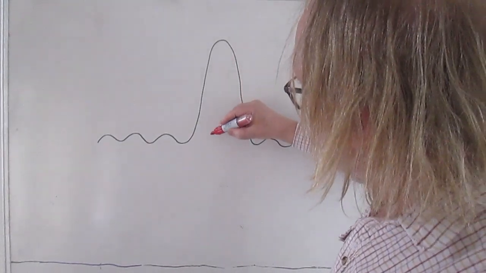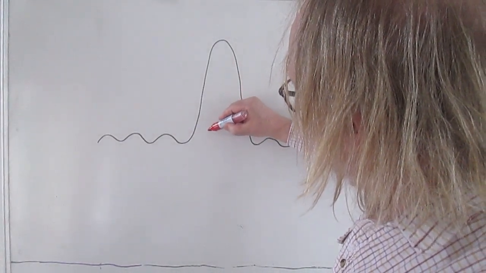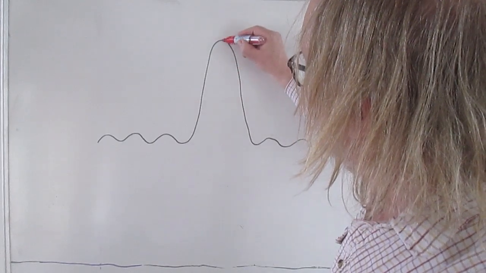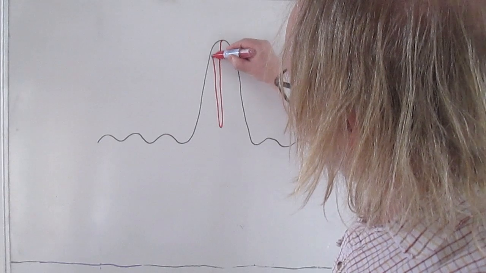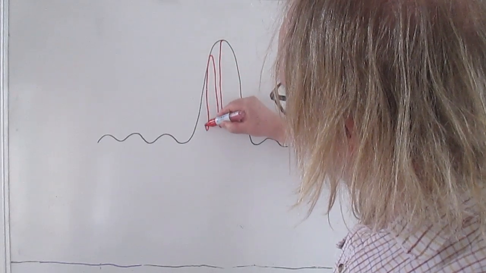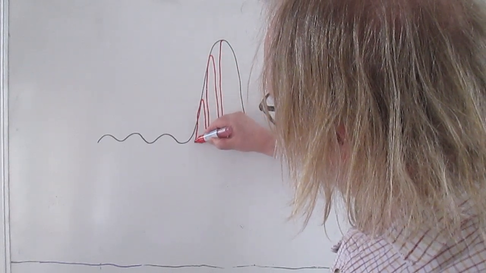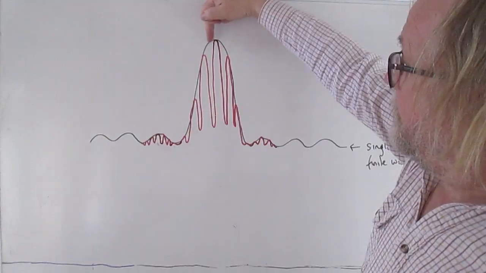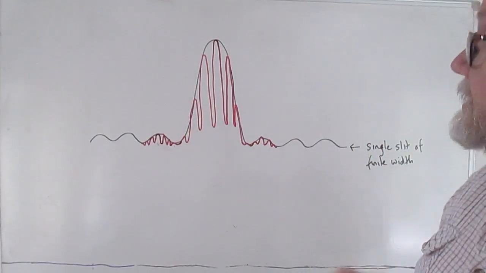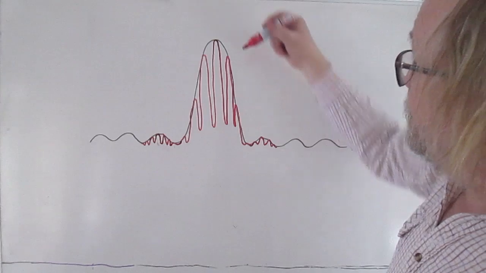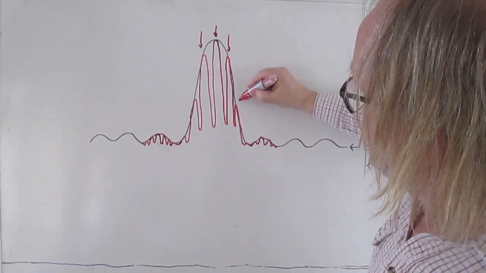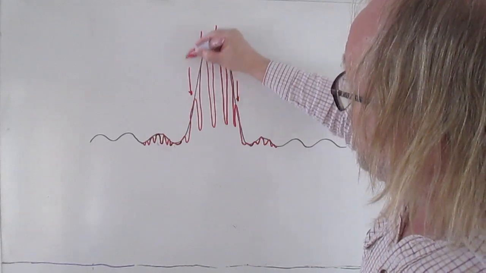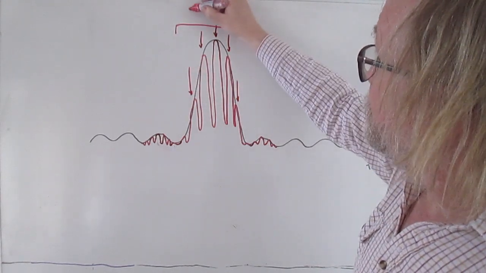So what you'll tend to get is a sort of intensity distribution that looks kind of like this, maybe. So in red is what you see from the double slit experiment then, and so this and this and this and this and so on, these would be the bright fringes.